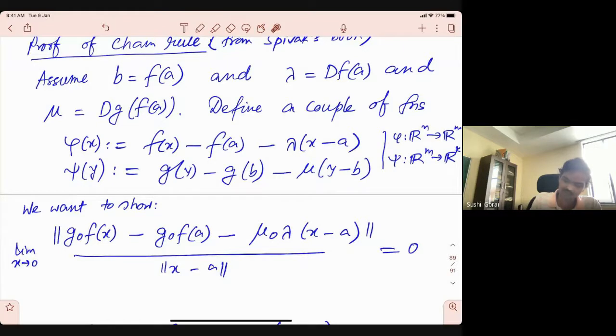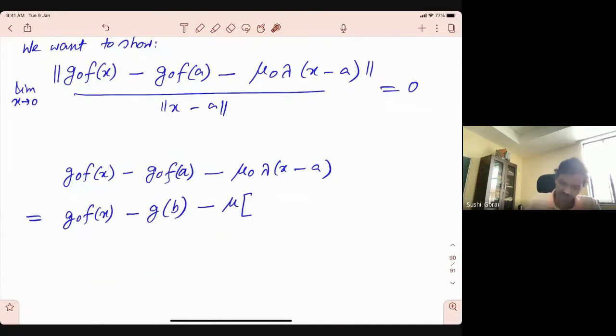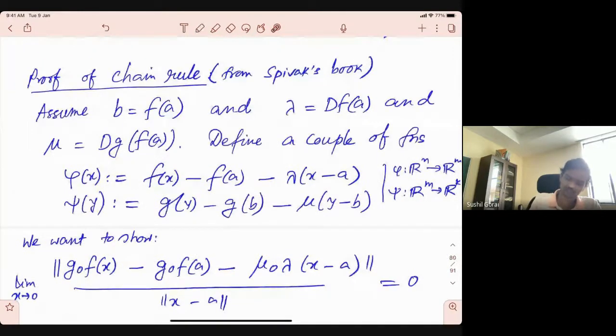Taking lambda times (x minus a) to one side and phi to the other, lambda times (x minus a) is equal to f(x) minus f(a) minus phi(x). Check that again from here.